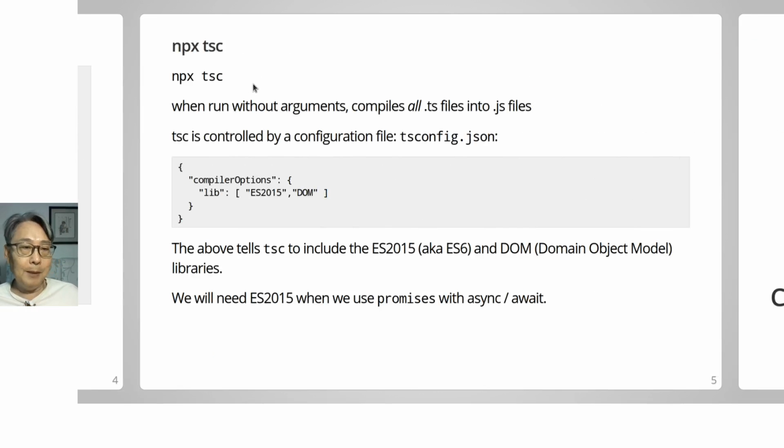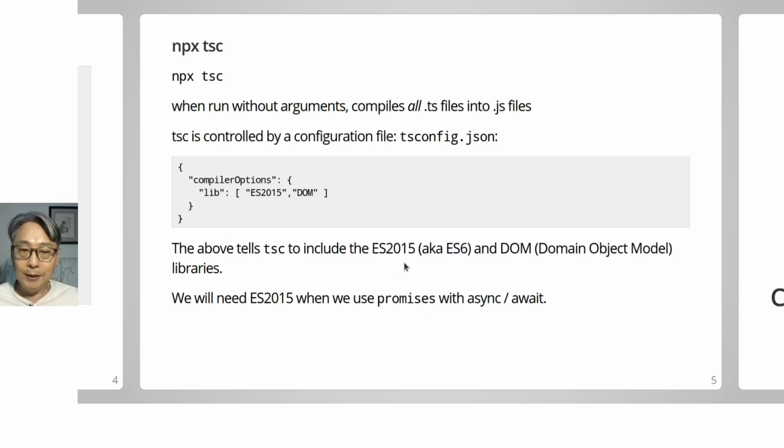So when npx tsc is run without arguments, it falls back on a tsconfig JSON file to tell it what to do. So here the compiler options are please use library ES 2015 and the DOM library.